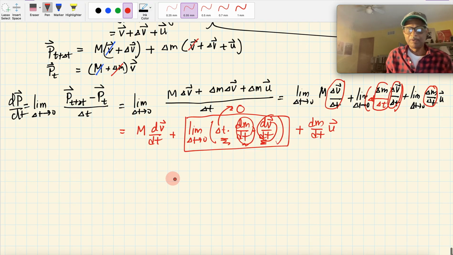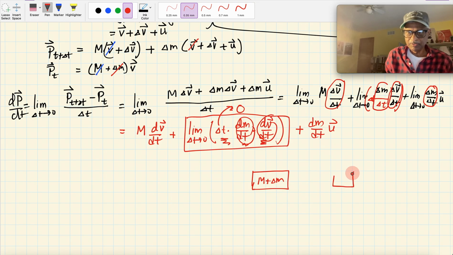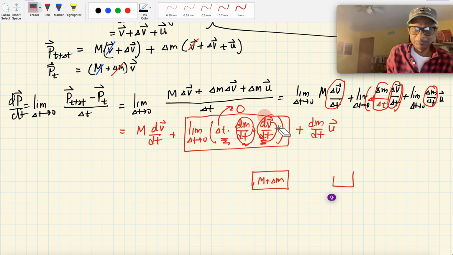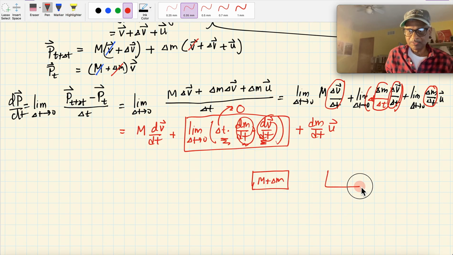Now, it used to be over here m plus delta m. Over here, there's too much of a change. Over here, the rocket just became m, and then you had a delta m, it lost delta m.